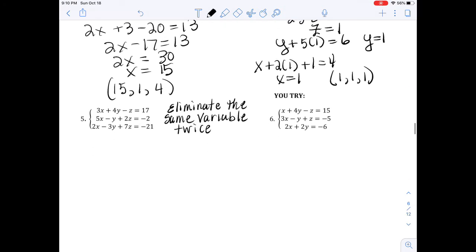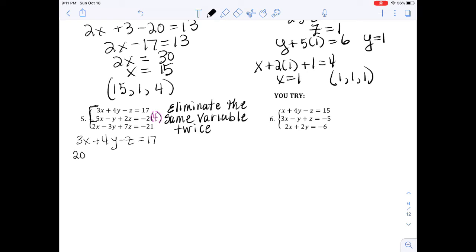All right, so I'm looking around and I see that if I look at the first 2 equations, and again, this is a choice that you decide to make, I'm going to eliminate the y in the first 2 equations. So I'm going to rewrite the first equation, 3x plus 4y minus z equals 17. But I'm going to take that second equation and multiply through by the number 4. Okay, I'll maybe color it pink so you can see what I'm doing there.